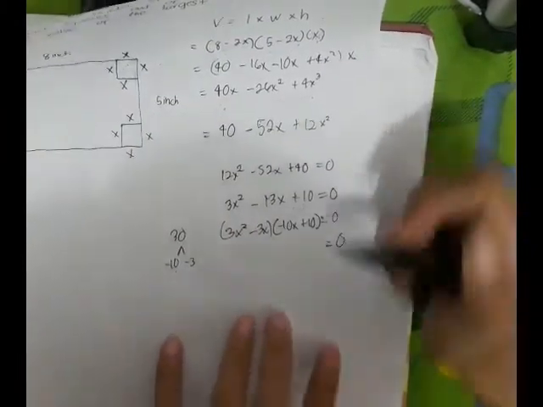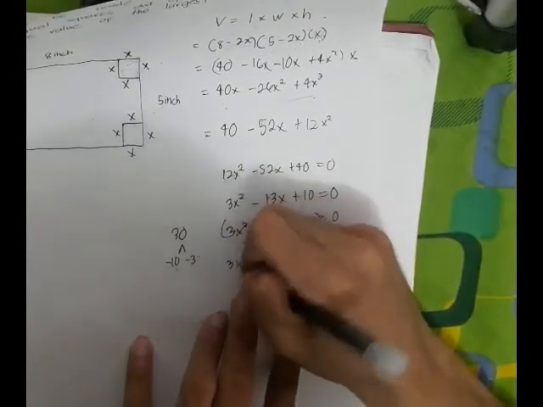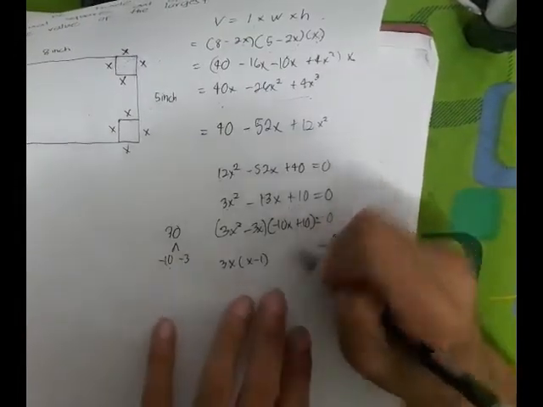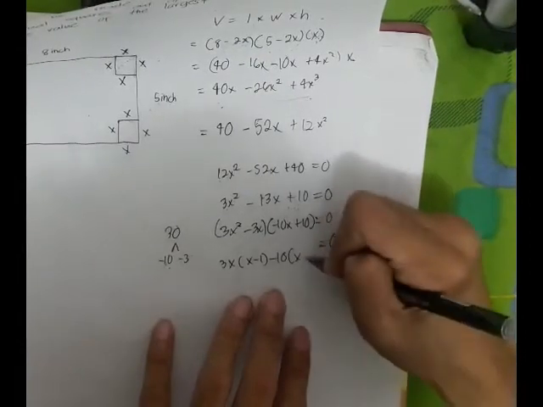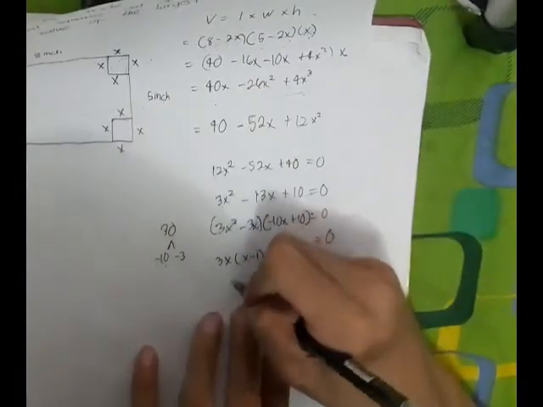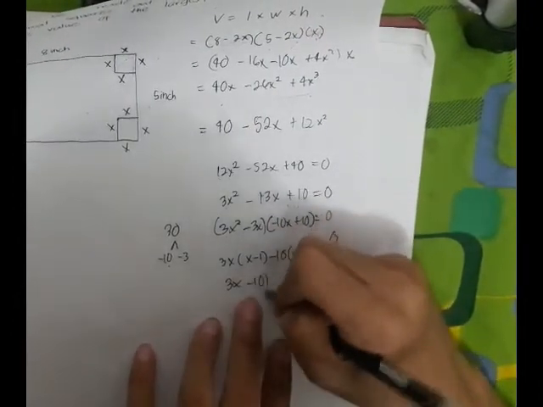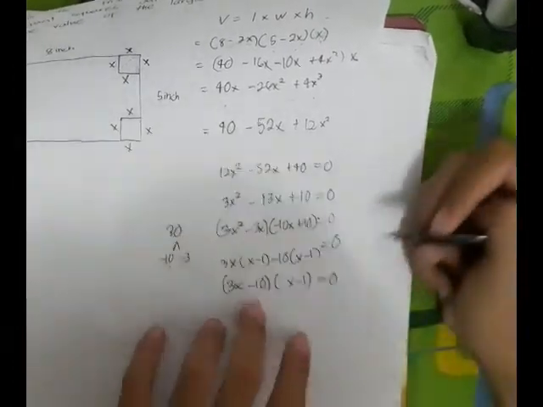We can take out 3x from the first pair, leaving x minus 1, and from the second pair take out negative 10, leaving x minus 1. So (3x minus 10) times (x minus 1) equals 0.